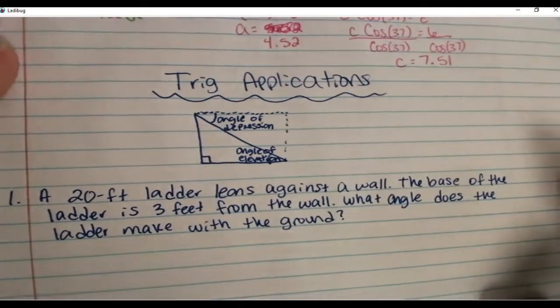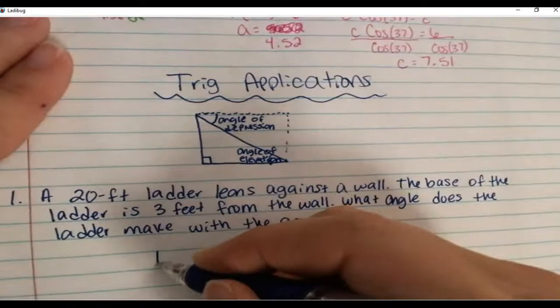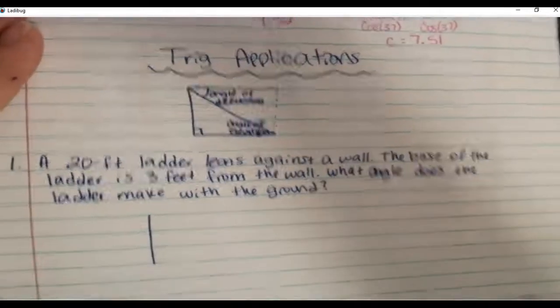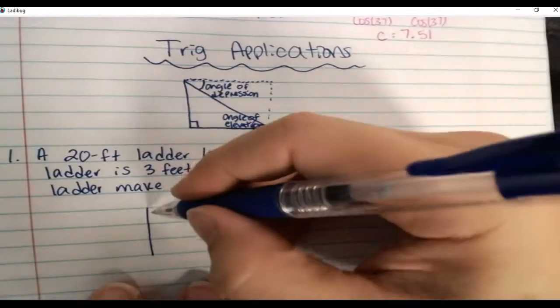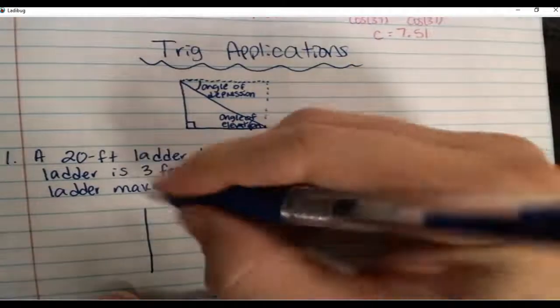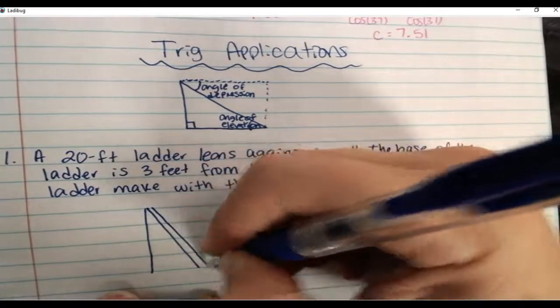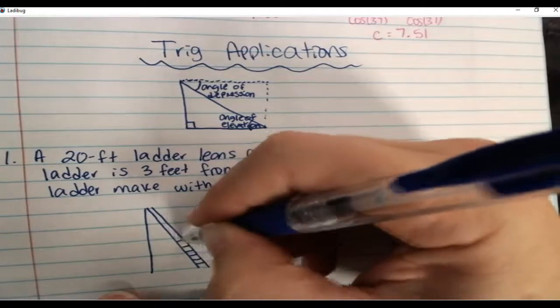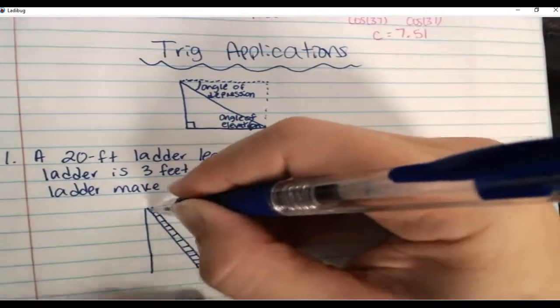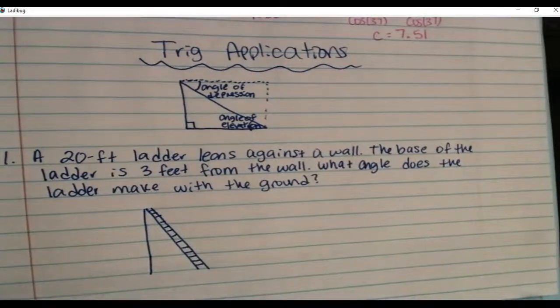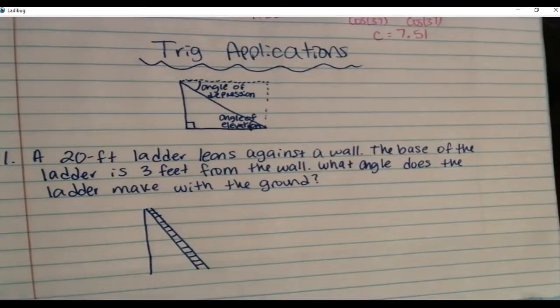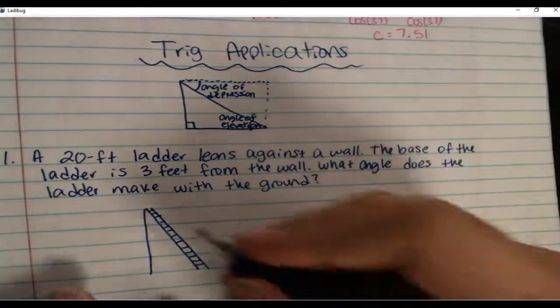So the first thing you want to do is draw a picture. So we have a ladder, and it's leaning up against this wall right here. And the problem tells me that it's a 20-foot ladder.